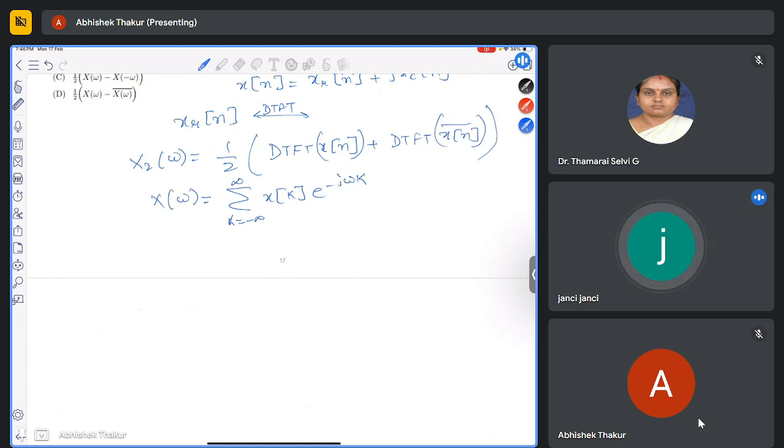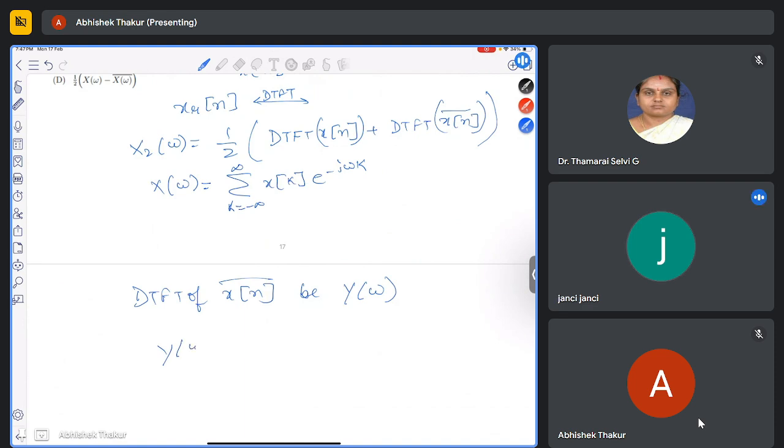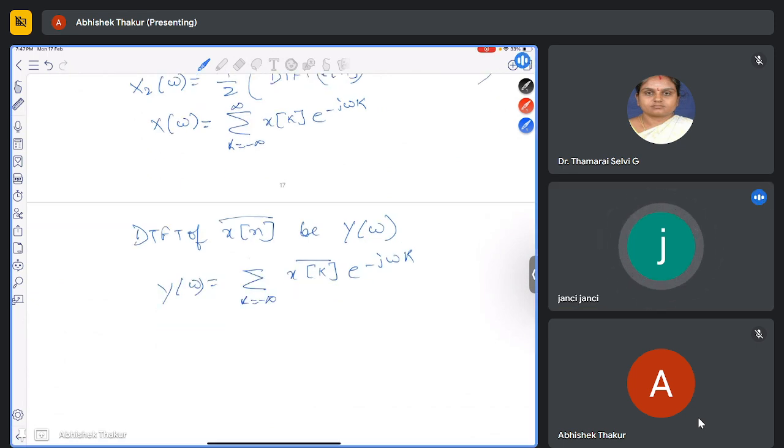So the DTFT of x[n] bar, let's suppose Y of omega. So Y of omega is equal to sum of x[k] bar e to the power of minus j omega k, and k is equal to minus infinity to infinity.